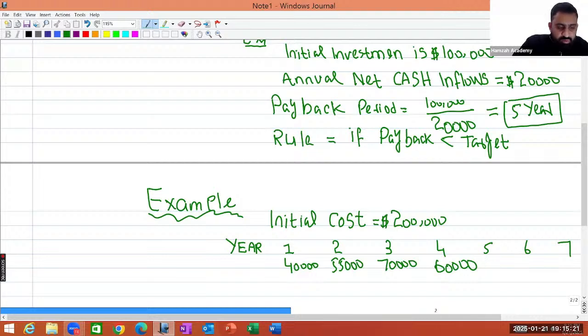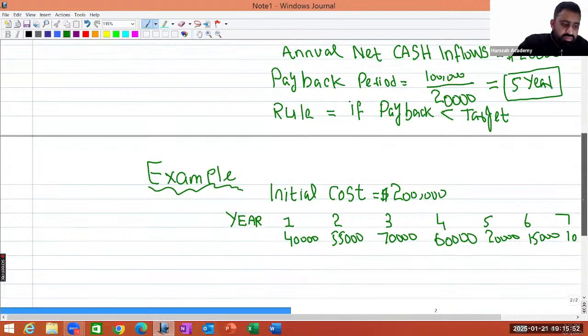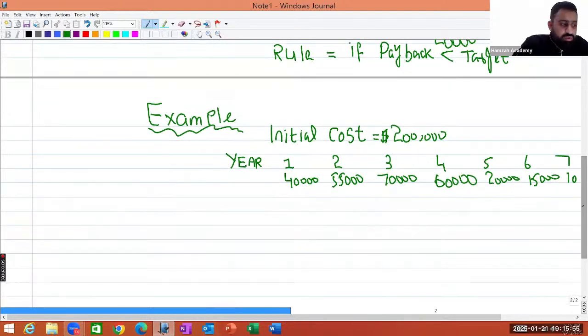In year 5, we expect to recover 20,000, then 15,000, and in year 7, let's say, we expect to recover only $10,000. Now, in such a situation, where the annual cash flows are not the same, how will we calculate the payback?